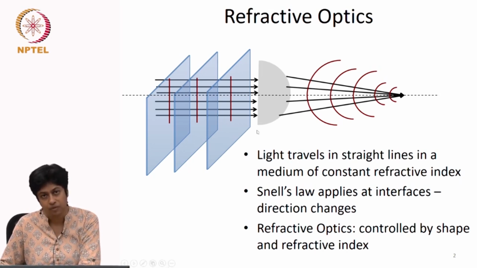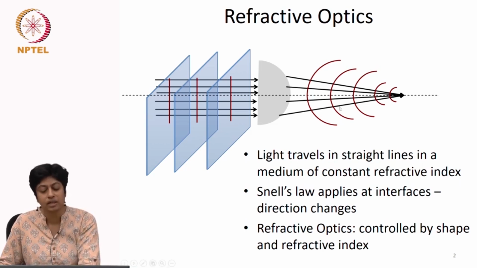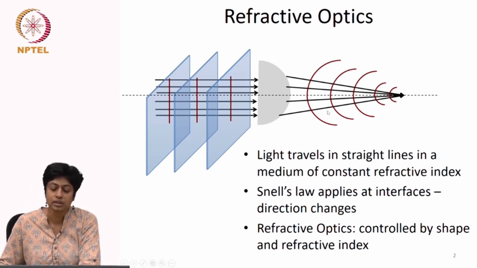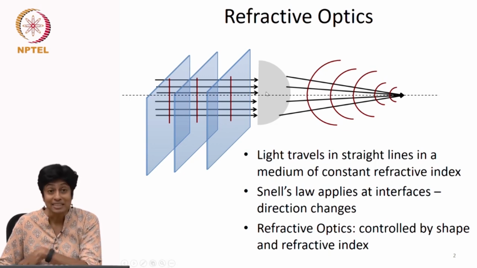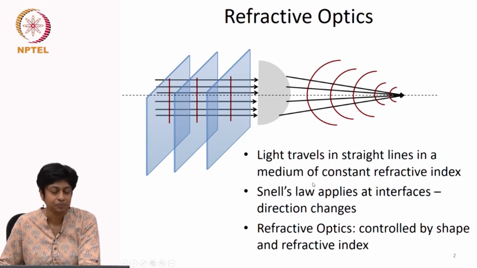The shape of this lens is what changed the incident beam, and we went from having a planar wave to a wave with curvature. The curvature, of course, is determined by several parameters, some relating to the shape and refractive index of the lens. In this way, we manipulated the light. We changed the behavior of the light with an optical element, a refractive optical element.